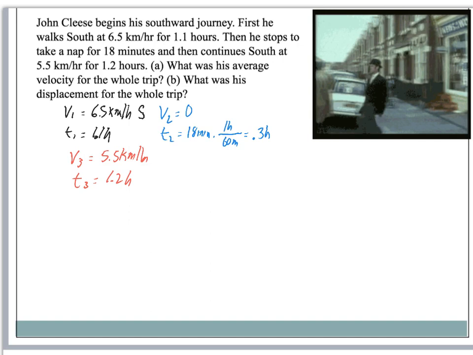We do not. So it's probably a better idea to look at the second problem: what was his displacement for the whole trip? Then we can use our answer to B to help us solve for A. You could do A first, but you're going to have to get the answer to B to do A.